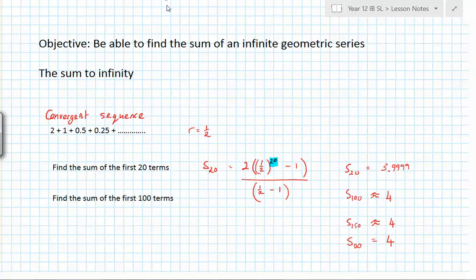So I just want to have a look. If I do a half to the power of 20, what is that the same as saying? The rules of indices.